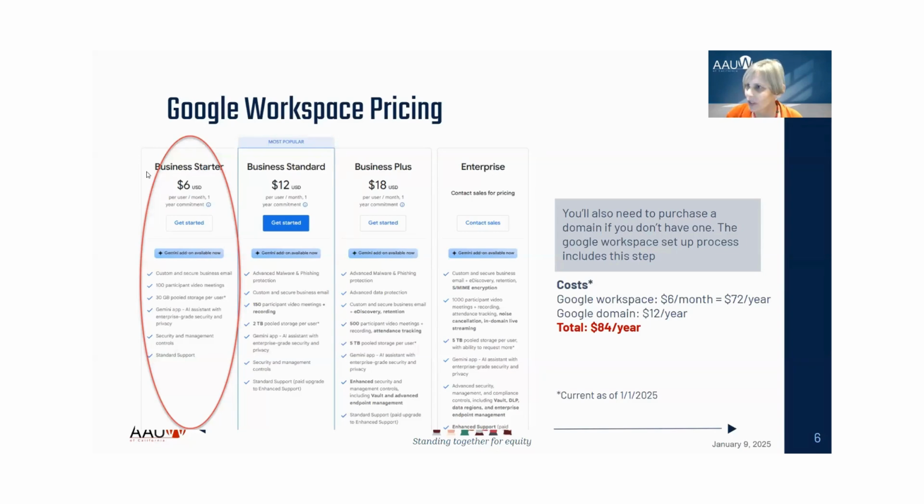So we're talking $72 a year. You are going to have to buy a Google domain, and it walks you through that process, and that's $12 a year. For a mere $84 a year, you can get the whole shebang. If you do it through nonprofit, obviously it's cheaper, but less than $100 a year is not that expensive.